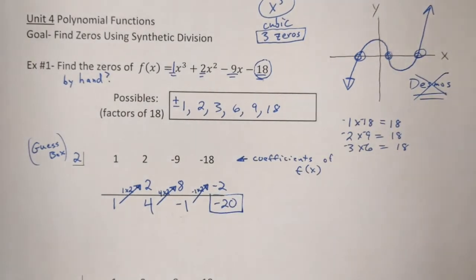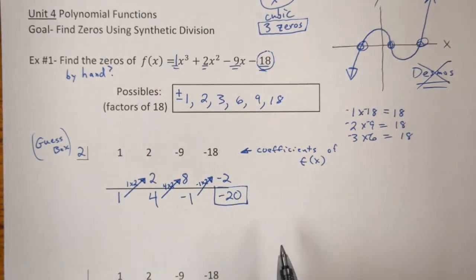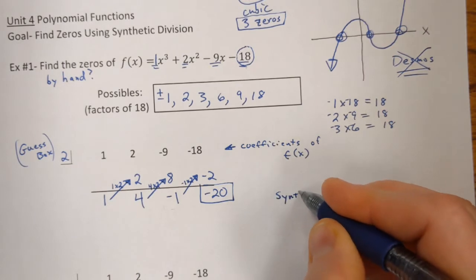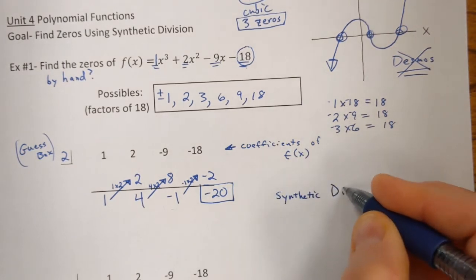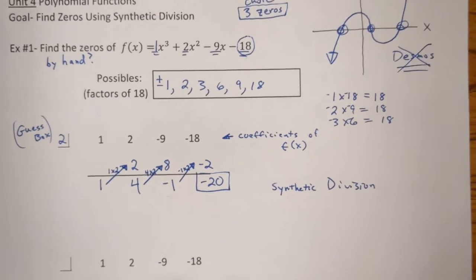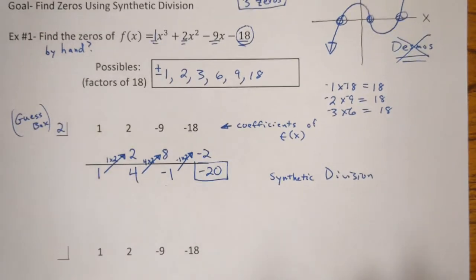Okay. Now, without going into too much detail, the process that we just did here is called synthetic division. I'll show you briefly what we just did here. Let me pause here.